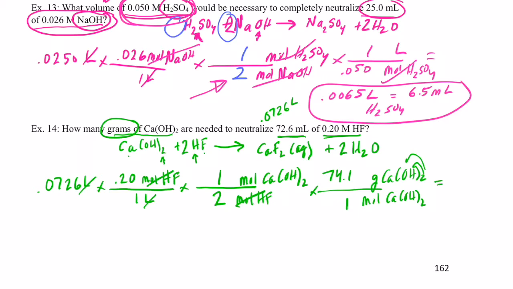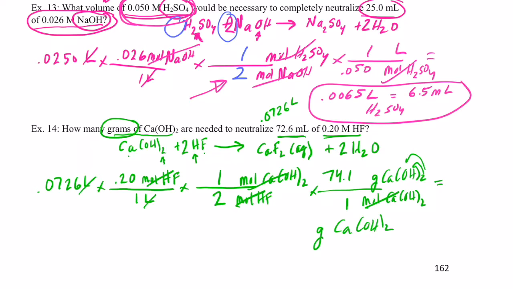All right, that gets us out of moles and into our desired unit, grams of calcium hydroxide. So let's do the math. We have 0.0726 times 0.2 divided by 2 times 74.1.